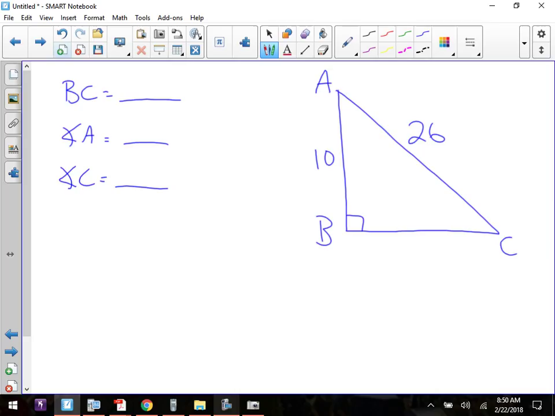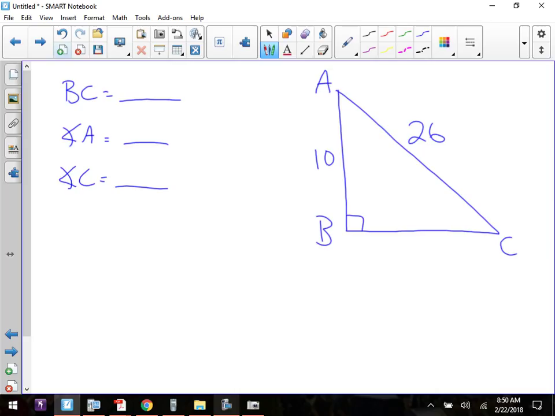And one of the things I want you guys to remember is anytime that you have two sides of a right triangle, what's the absolute easiest way to solve for the third side? Exactly, very good. Pythagorean theorem. Always use the Pythagorean theorem if you have two sides of a right triangle. It's the easiest way to do it.